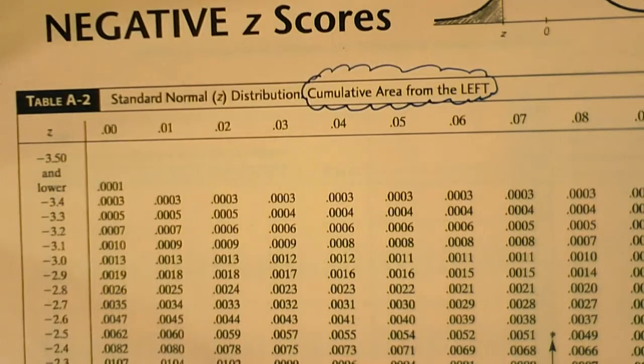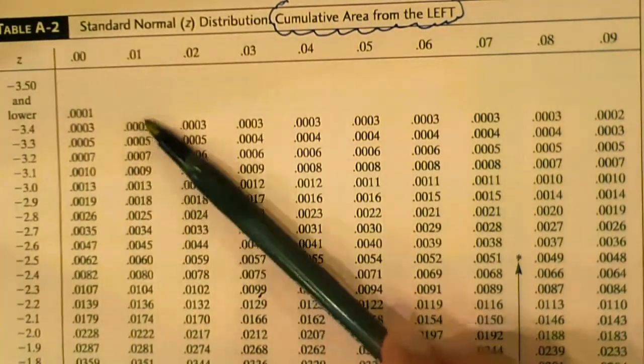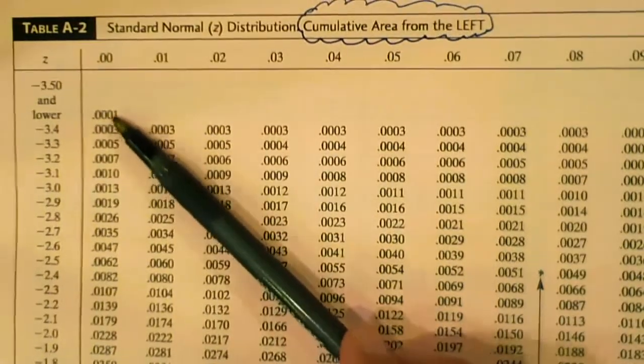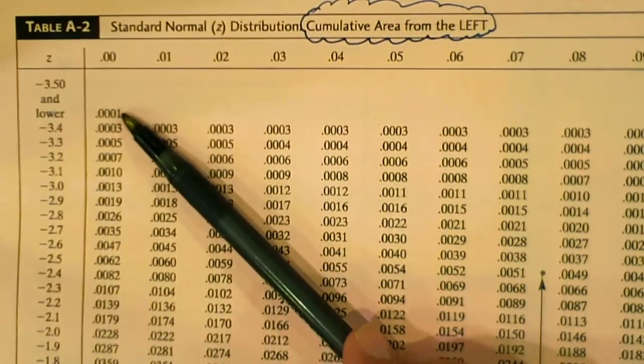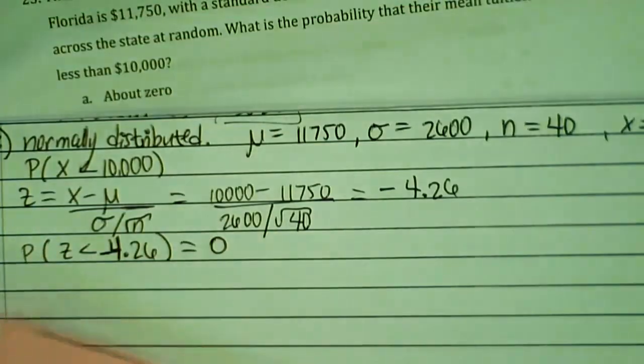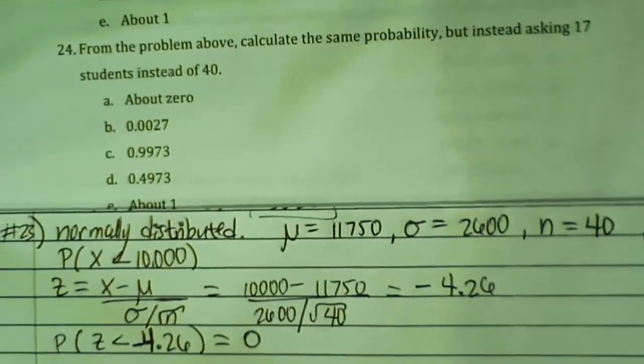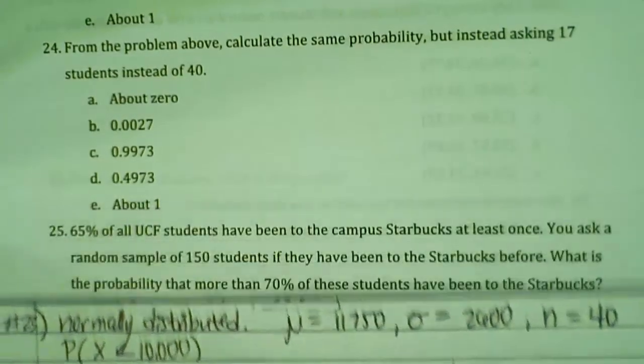And we see that there's a trend that as you get more negative, the probability gets smaller and smaller. So you see here that the least is 0.001. So basically anything smaller than that is basically 0.